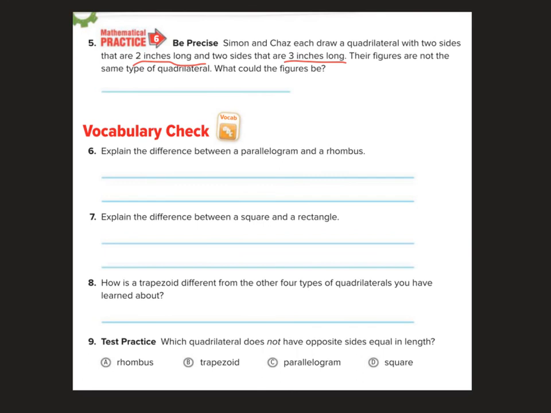So I would say one drew a rectangle because that follows the side rules, right? It wouldn't be a square because a square would have 4 congruent sides, rhombus would have 4 congruent sides. So it's got to be a rectangle and a parallelogram, because those are the 2 that follow that.